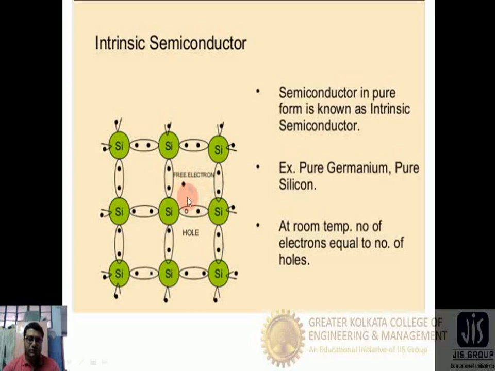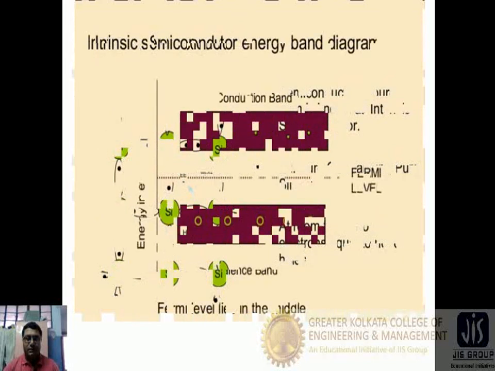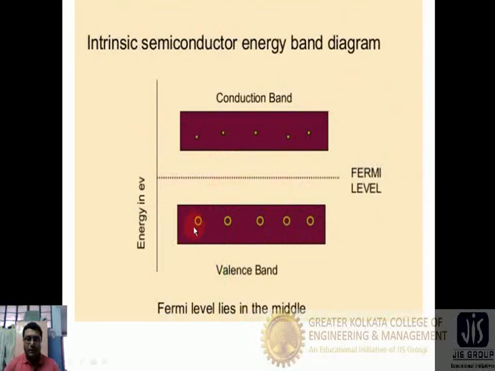And above 0 degree Kelvin, due to thermal excitation, the covalent bond breaks and the electron comes out from the covalent bond and becomes free. In this way, at 0 degree Kelvin all the valence band is filled up with electrons and there will be no electron in the conduction band.